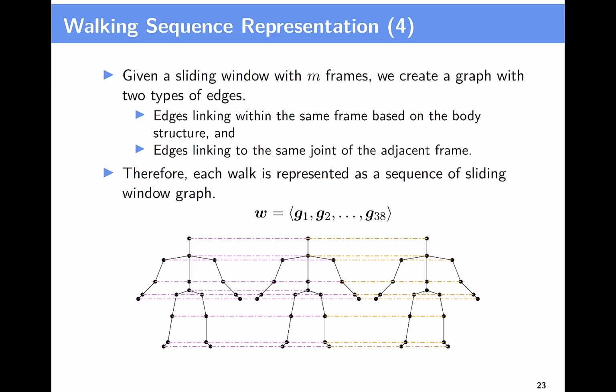These are represented by the dotted lines with different colors. And by doing this, we can represent each walk as a sequence of sliding window graphs. So each sliding window is transformed into a graph. We have 38 graphs when m, the size of the sliding window, is set to 3.